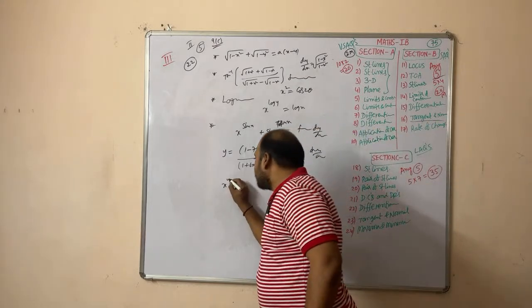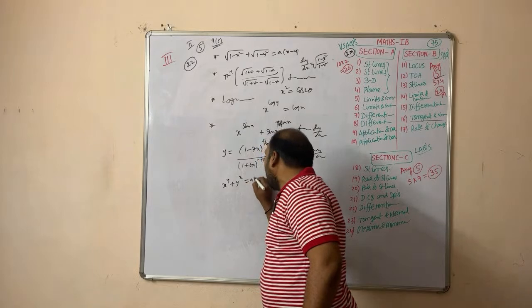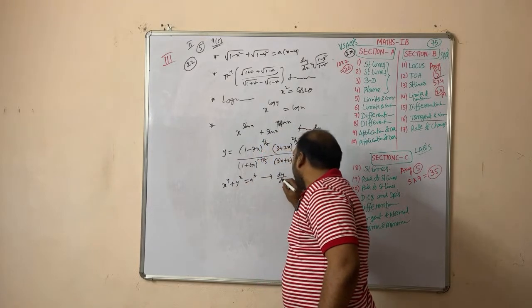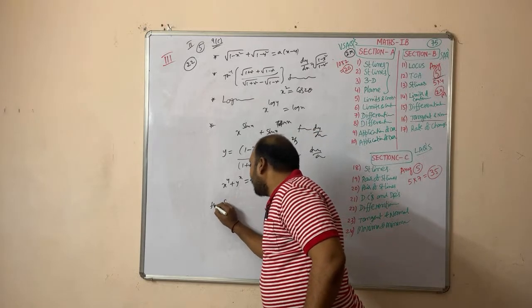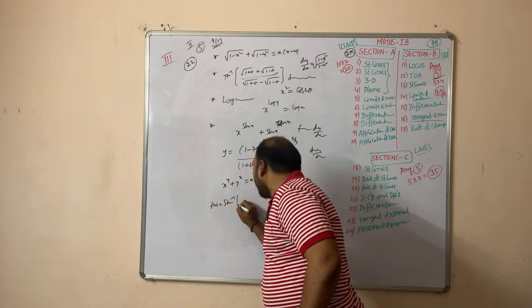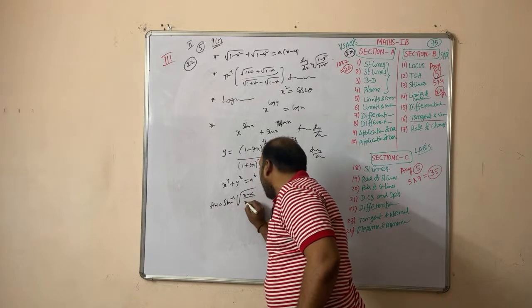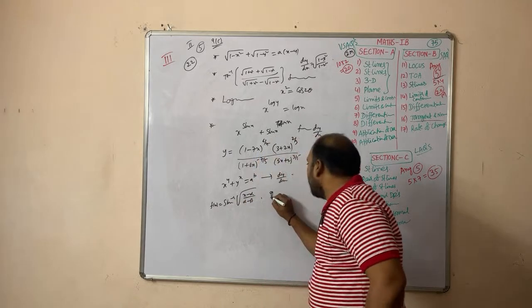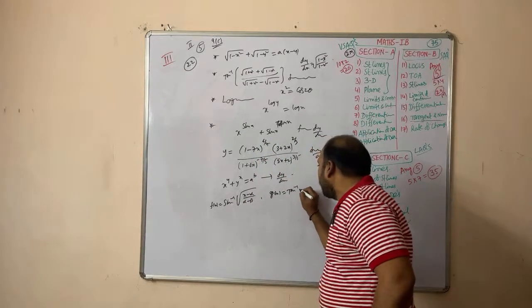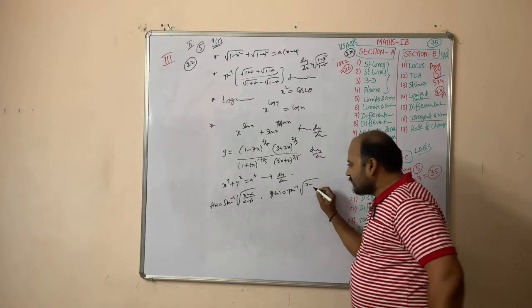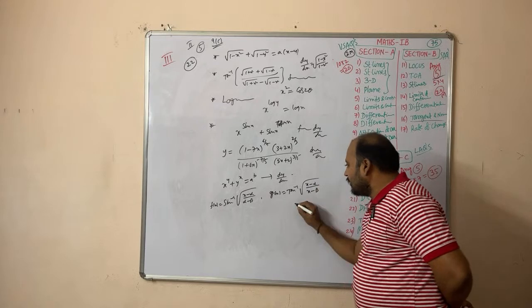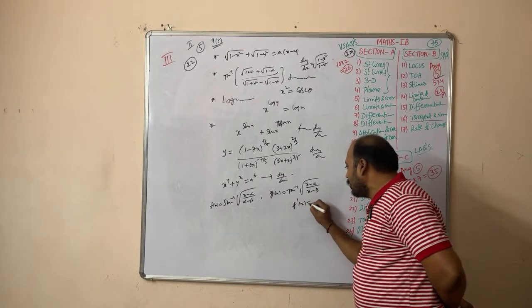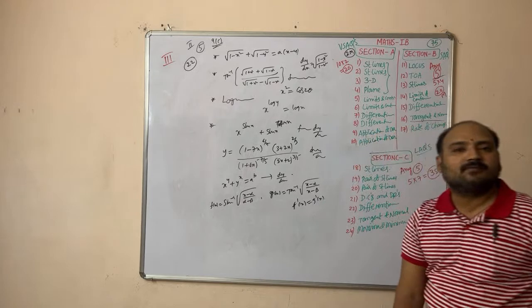And standard problems: x power y plus y power x is equal to a power b, then show that dy by dx. And f of x is equal to sine inverse of root of (x minus alpha) by (alpha minus beta), g of x is equal to tan inverse of root of (x minus alpha) by (x minus beta), then show that f dash of x is equal to g dash of x.